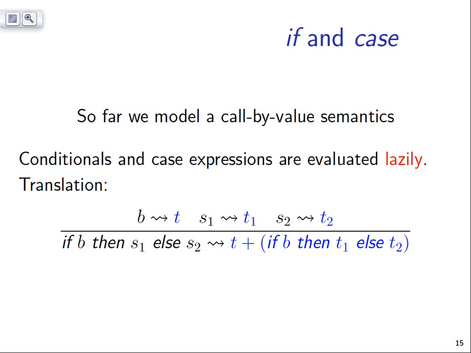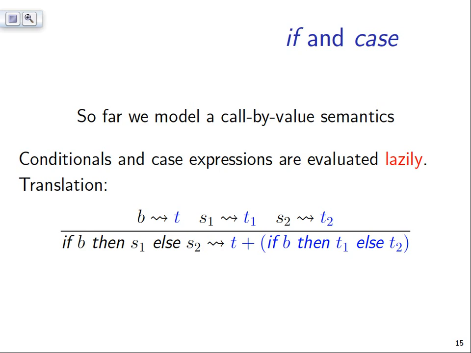And then we have S1 and S2, the two branches, and they are translated into T1 and T2, but you don't just add both of them together, you add conditionally: if b is true, then you add T1, and otherwise you add T2. So that reflects precisely the operational semantics of an if-then-else, where you first evaluate b, which takes time t, and then you decide based on the value of b if you evaluate S1 or S2, taking time T1 or T2.